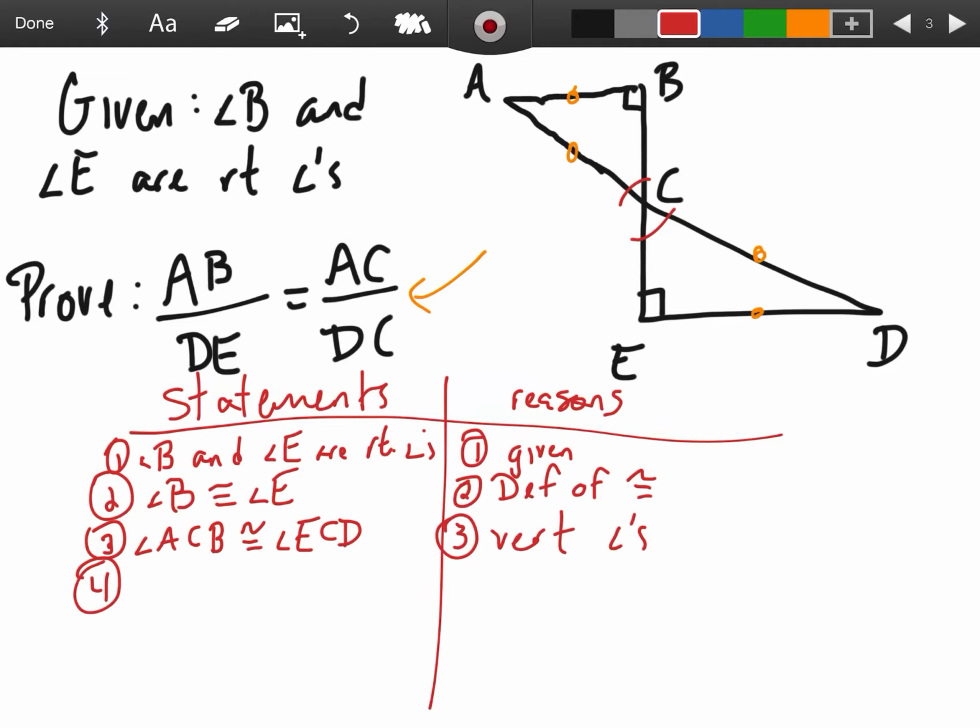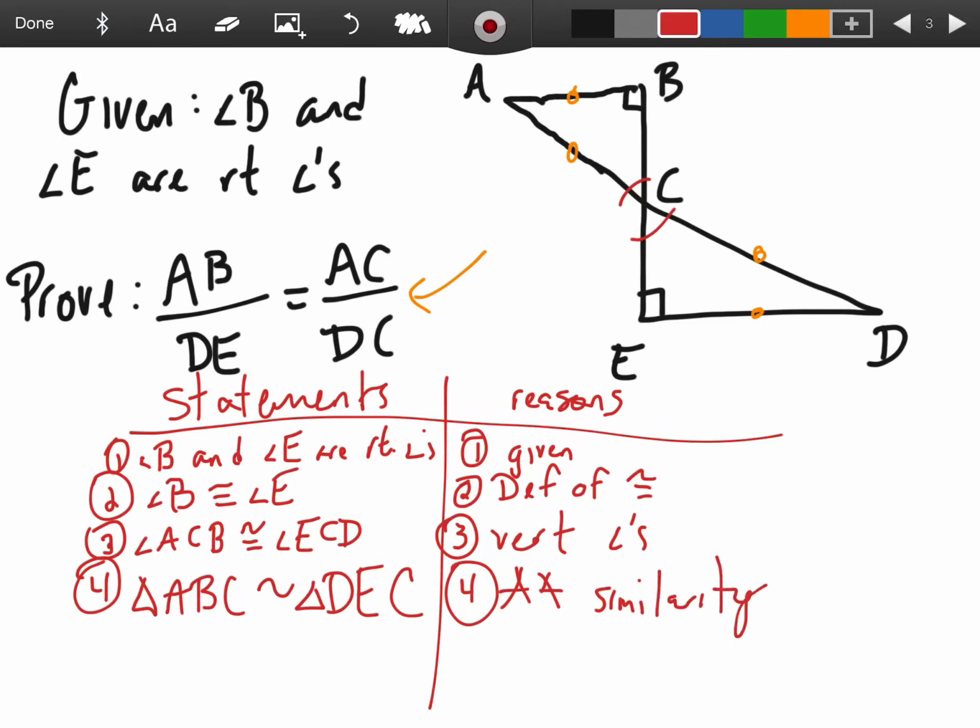So let's just make sure we match up our corresponding sides. I'll say triangle ABC is similar to triangle DEC, because D corresponds to A, E corresponds to B, and C corresponds to C. My reason for that is just angle-angle similarity.